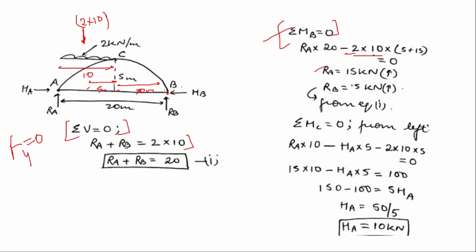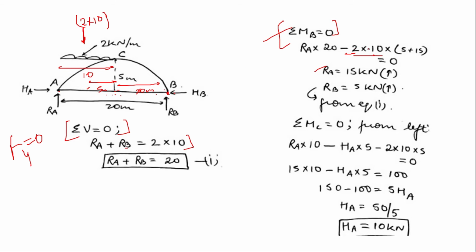So how much will this RA be? If we multiply 2 into 10 and equate it to 0, this distance will be 10, since 20 divided by 2 is 10, and this is 5.